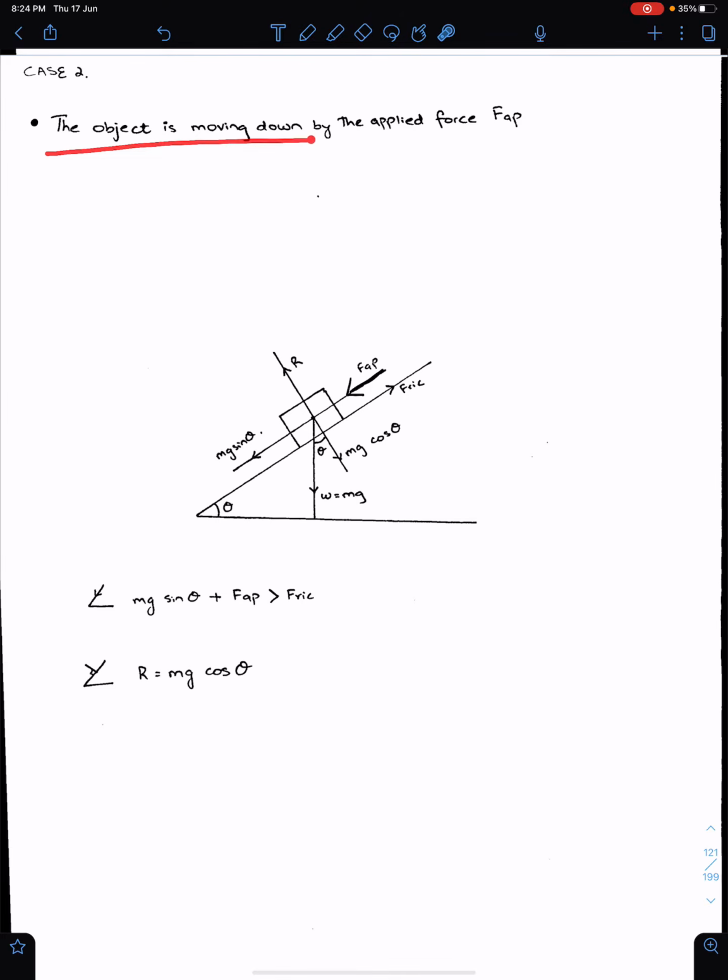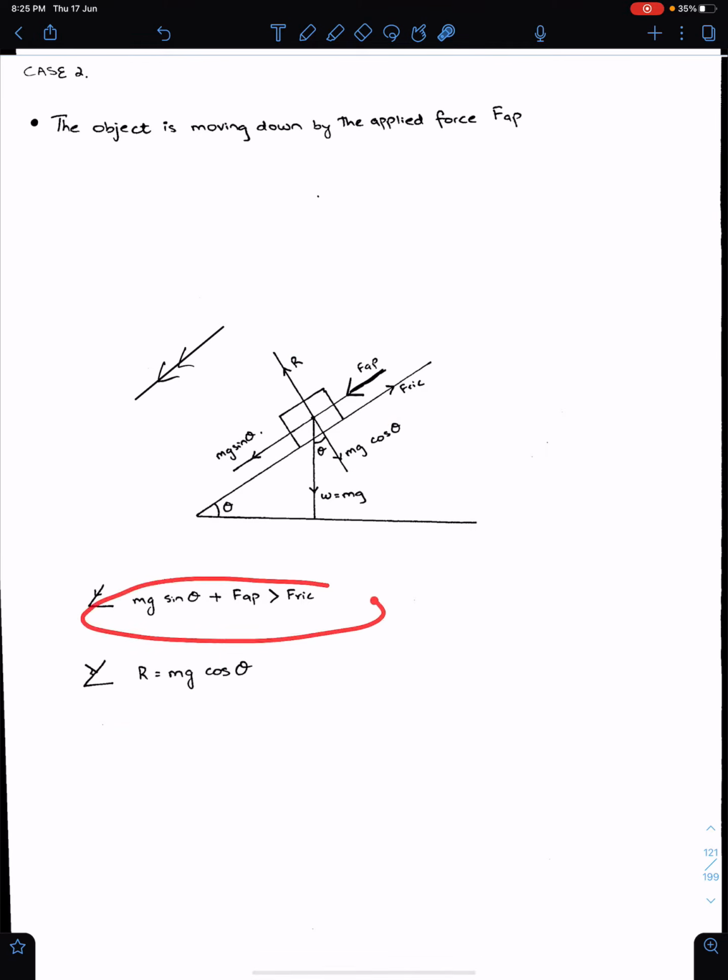The object is moving down the slope by the applied force FAP. So this is FAP, this is mg sine theta, mg cos theta, friction. Since this object is moving down the slope, therefore friction must be up the slope. So FAP and mg sine theta both must be greater than friction when this object is moving down the slope. And since there is no motion perpendicular to the slope, therefore R is equal to mg cos theta, which is here.